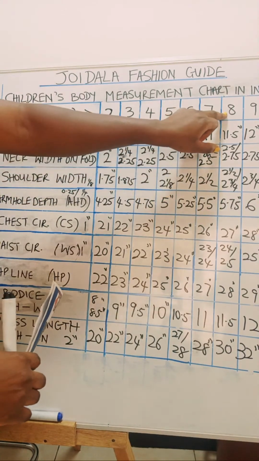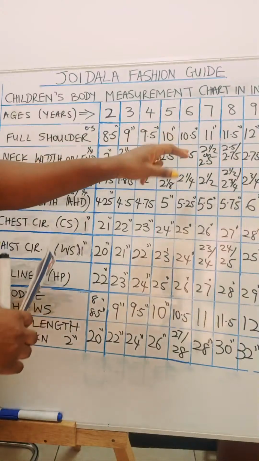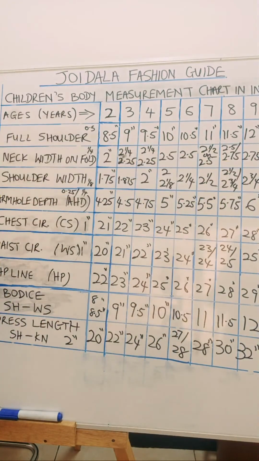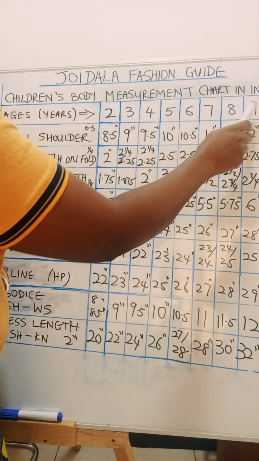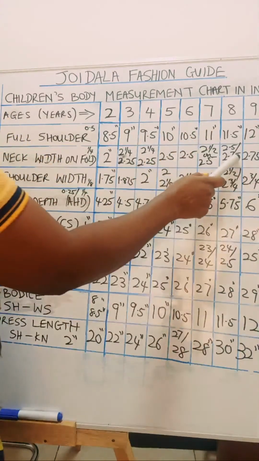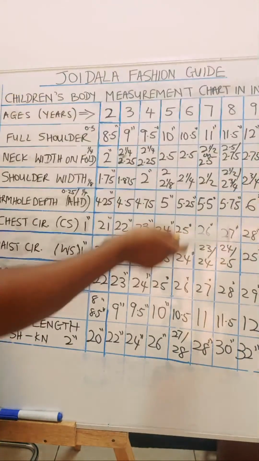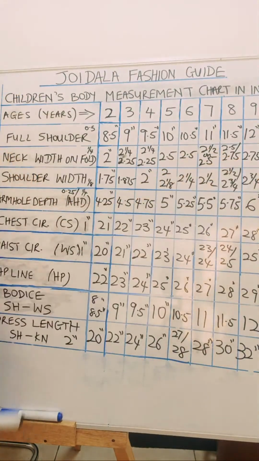For 8 years, you add quarter to that 2.5, and then you have 2.75. So for children of 8 and 9 years, you can use 2.75. And then for a child of 10 to 12 years, you can use 3 inches as the neck width.